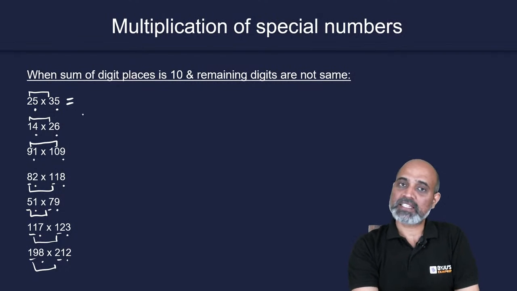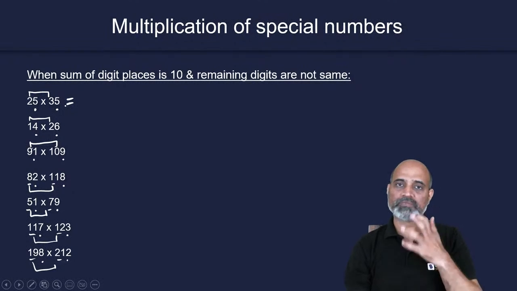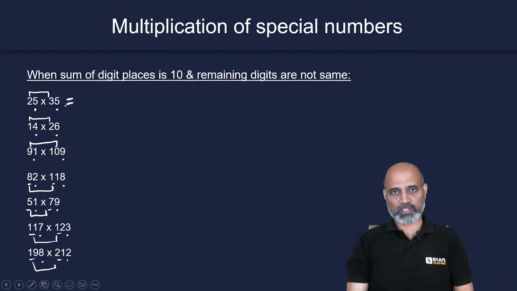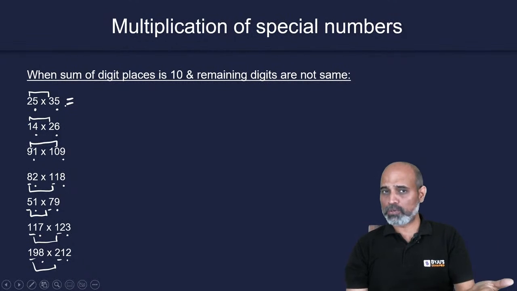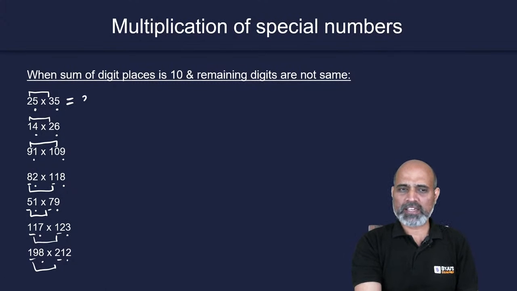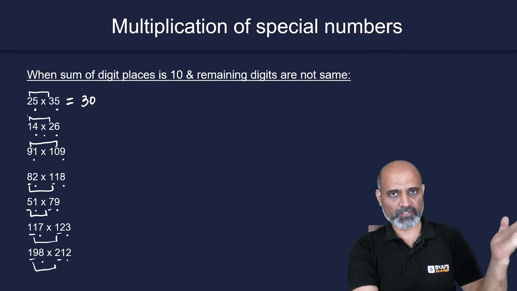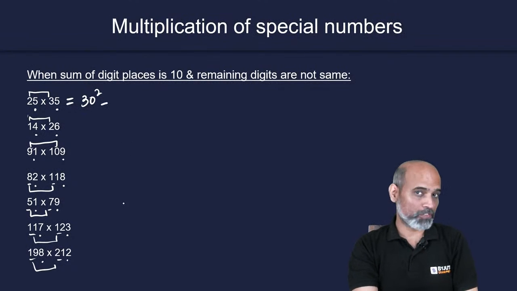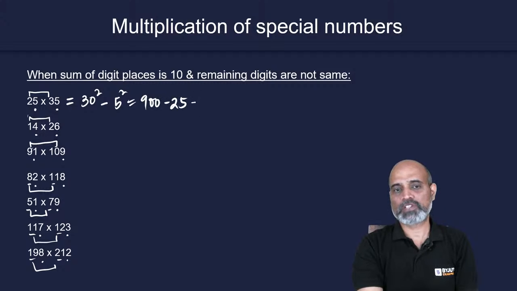So what you do in this case is, 20 ये जो दो नंबर्स है इसका एवरेज ले लो, एवरेज मतलब मिड पॉइंट. 25 and 35 के बीचों बीच कौन सा नंबर होता है? If you take the average, you will realize 25 + 35 by 2, 60 by 2 होगा 30. या फिर थोड़ा सा प्रैक्टिस कर लो, थोड़ी सी आदत डाल लो, 25 and 35 के बीचों बीच का नंबर 30 होना चाहिए. 25 से 5 दूर, 35 से 5 दूर. So write down 30 square minus, it's always minus, 30 से कितना दूर है दोनों नंबर, 5 ना, उसका स्क्वायर. So this is 900 minus 25 which will result in 875.